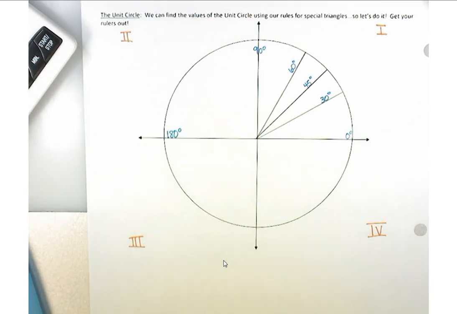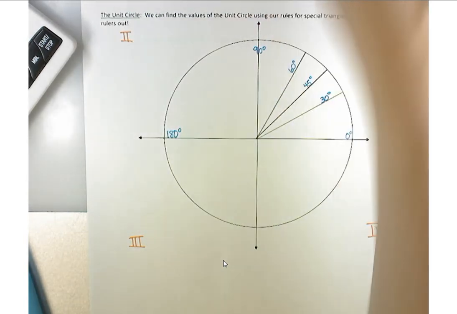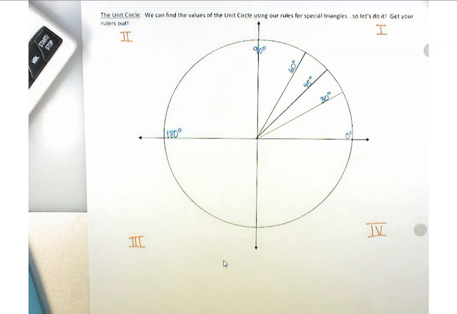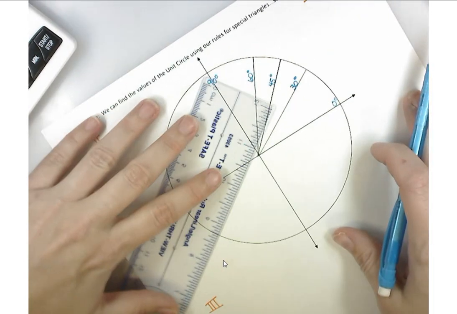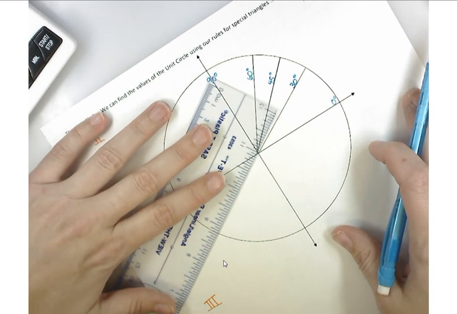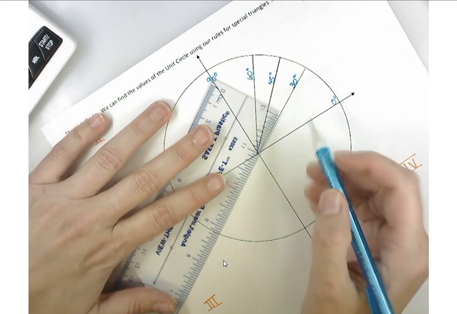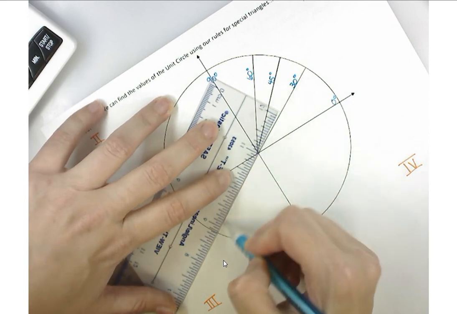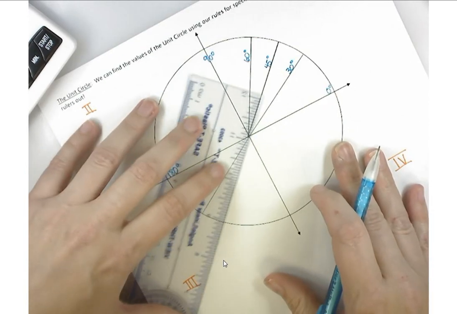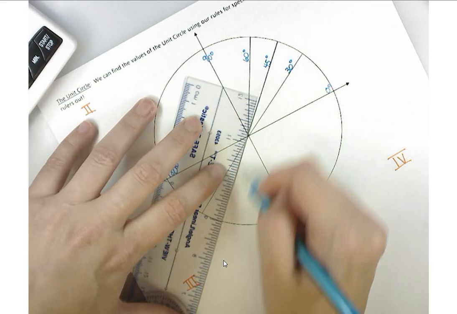So now we're going to extend all of the lines from quadrant 1 to quadrant 3. So I'm going to take my 30-degree line and I'm just going to extend that. Same thing with my 45.